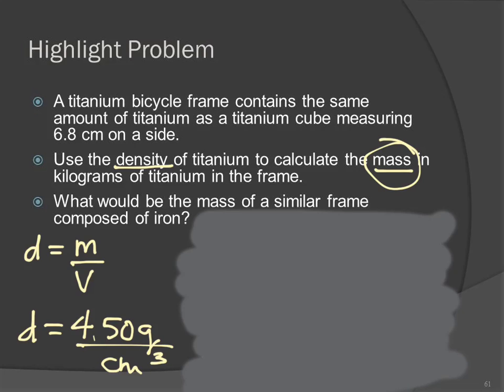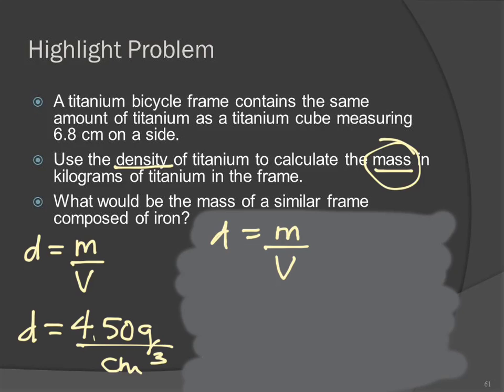Find the mass. Okay, the density equation has density and mass and volume. So we can rearrange this equation. We can solve the equation for mass and see what mass equals in terms of volume and density. So let's do that over here. Density equals mass over volume.